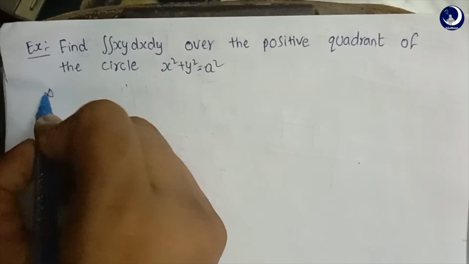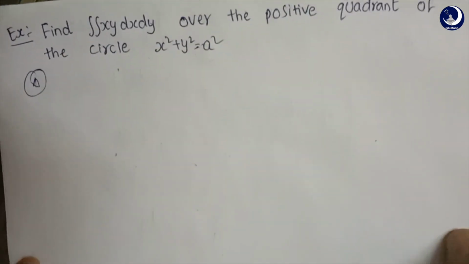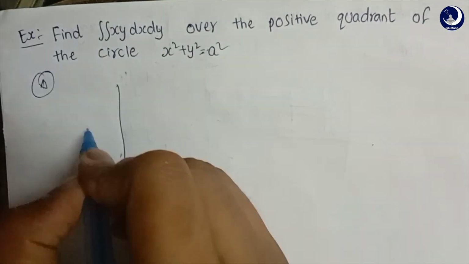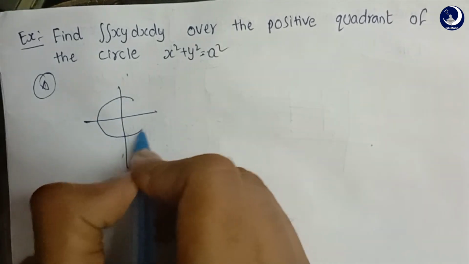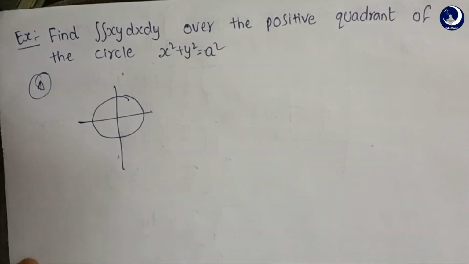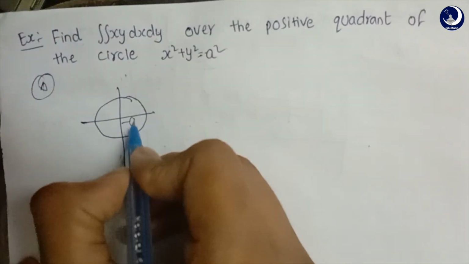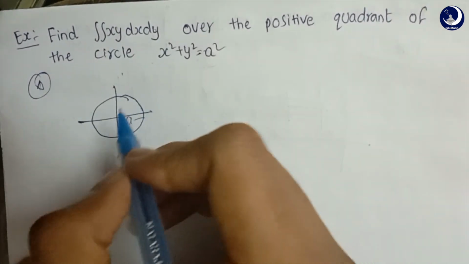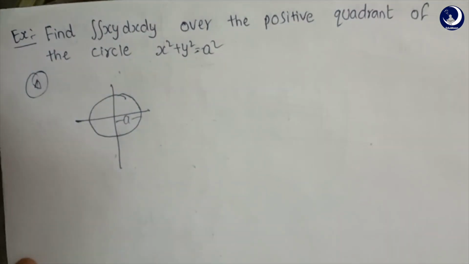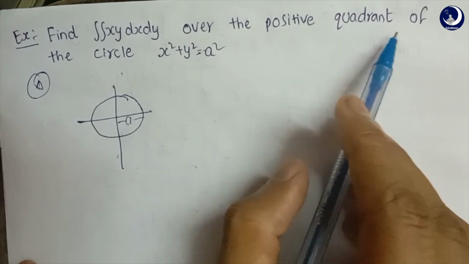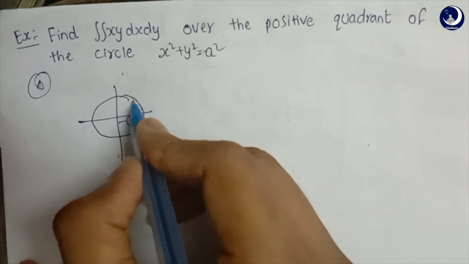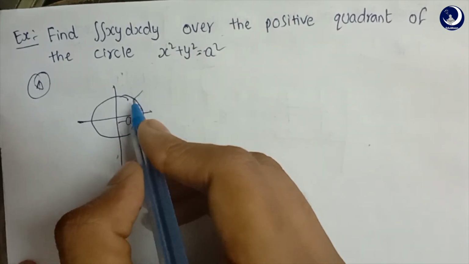So for this you take a circle. This is the circle with radius a. So if you see in the question, over the positive quadrant, that means the first quadrant. So we have to take this.